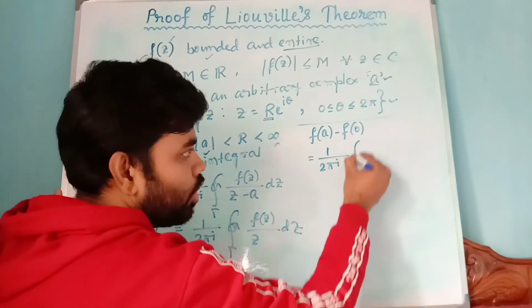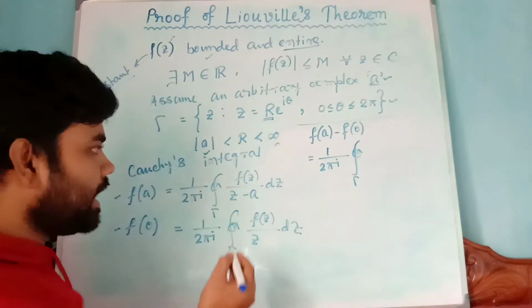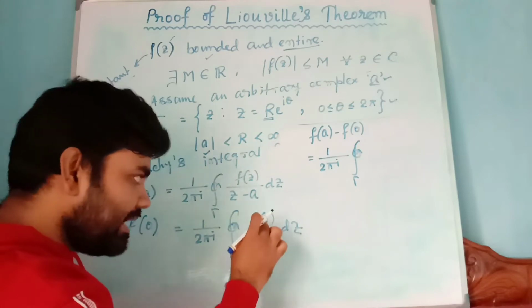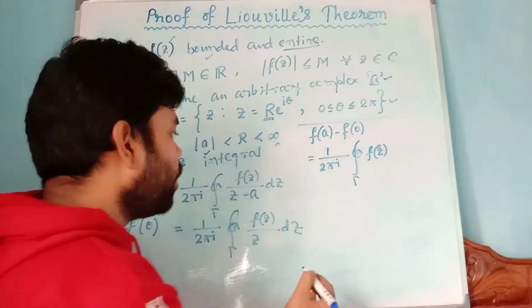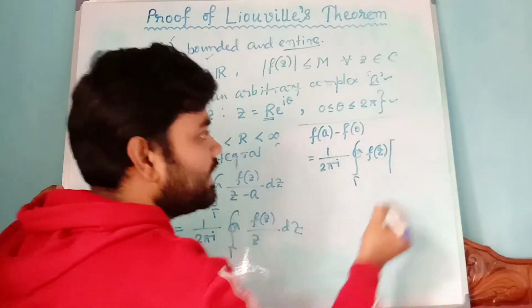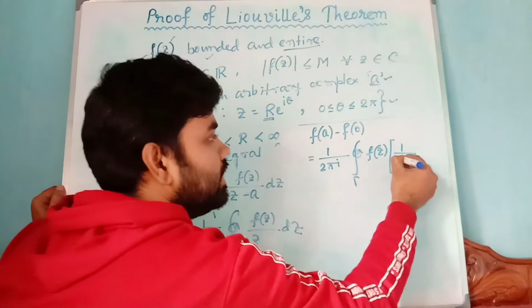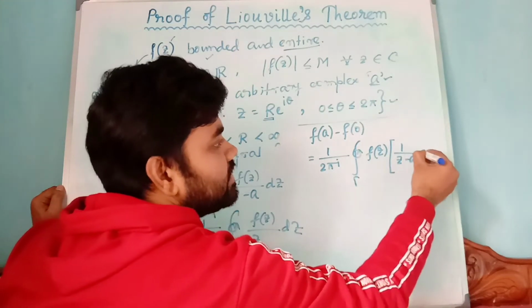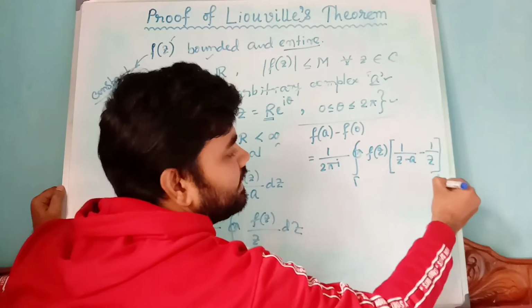Now over the curve gamma integration being done, f(z) by z minus a minus f(z) by z. So f(z) being common in both the terms, we are taking it outside the bracket, and inside the bracket we are having this subtraction, 1 by z minus a minus 1 by z, into dz.